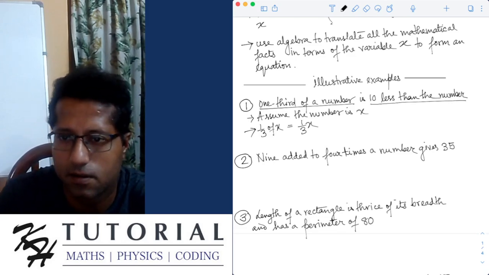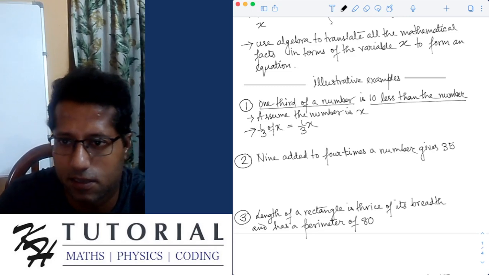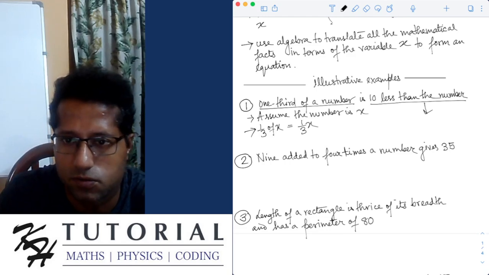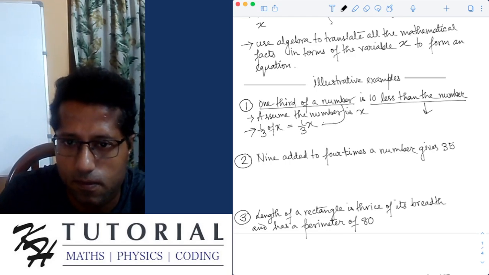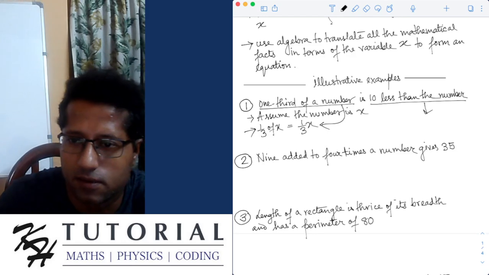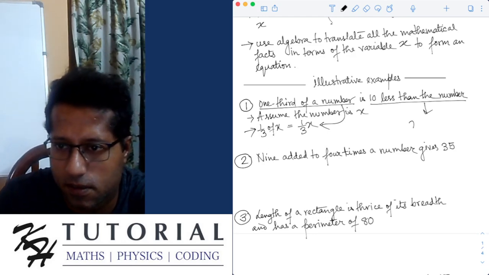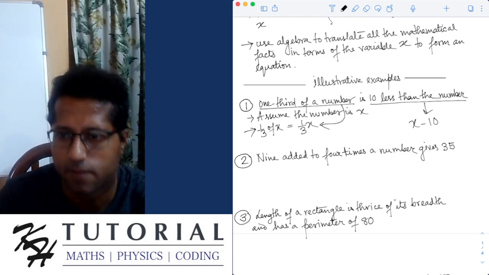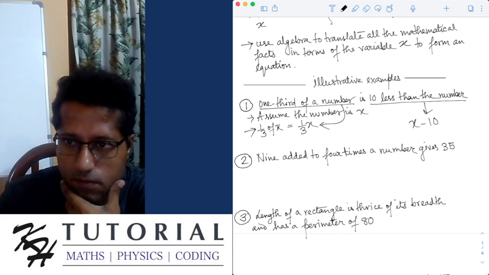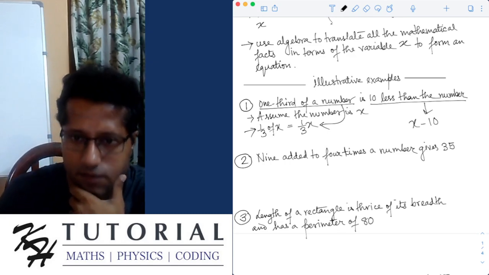What is 10 less than the number? So 1/3 of a number was x by 3, and 10 less than the number is x minus 10. This is the algebraic expression of 10 less than the number, that is x minus 10.